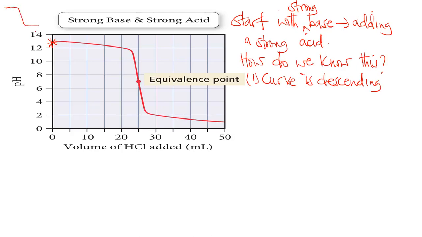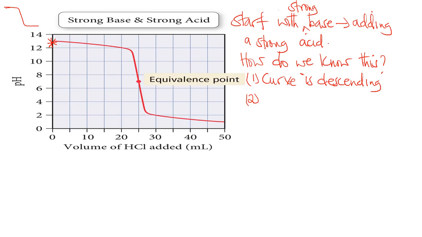If you see a descending curve, know that you are adding an acid to a base. You started with a base at higher pH, and when you add the acid, the pH decreases. The second part tells us we are adding strong acid and strong base.